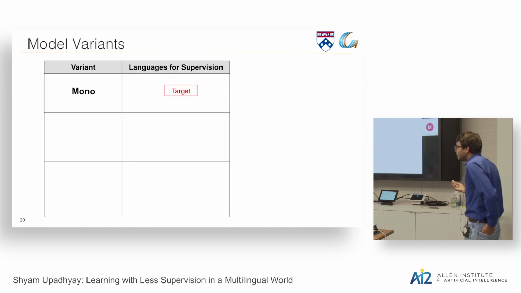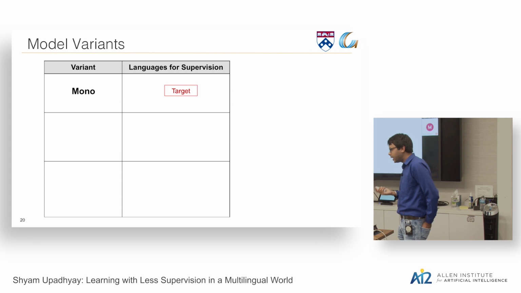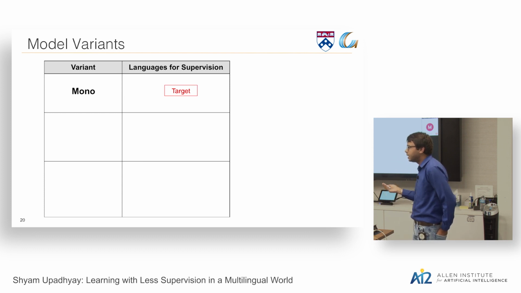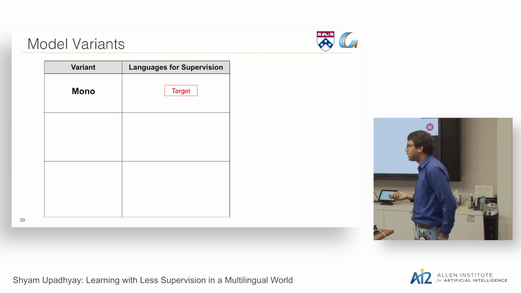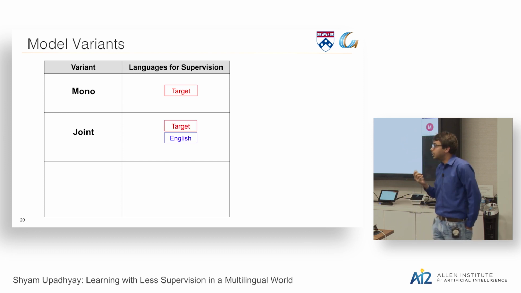And in terms of the model variants, we evaluate 6 different model variants to highlight the benefit of different aspects. So firstly, the variants vary in the languages that they use for supervision. So we'll have a monolingual variant, which only uses the target language Wikipedia. Then we'll have a joint variant, which uses additional supervision from the English Wikipedia.